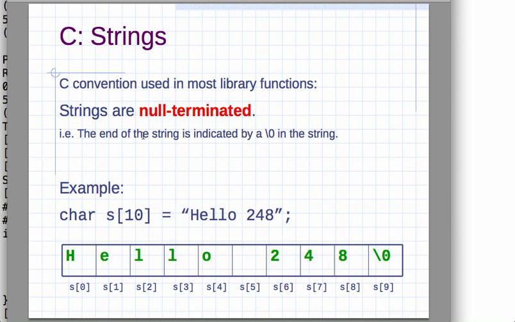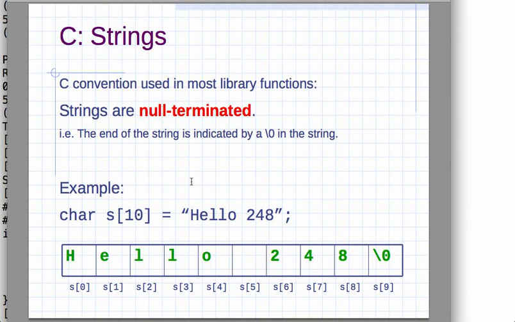What's not part of the syntax but is part of the semantics of strings is that strings in C are always null terminated, or should be null terminated. That is, the end of the string is indicated by a null character. A \0 is how we denote that.